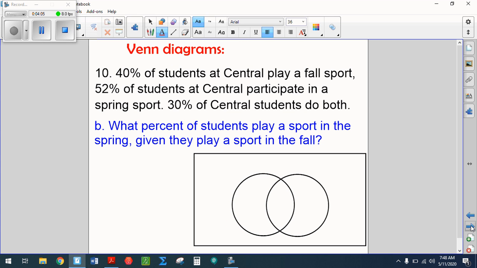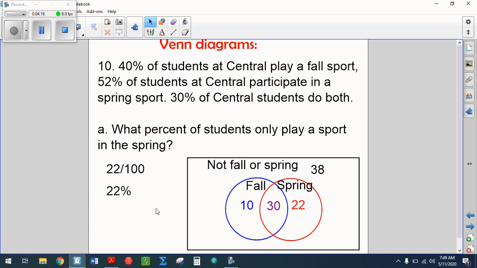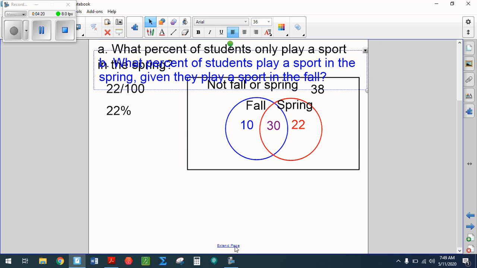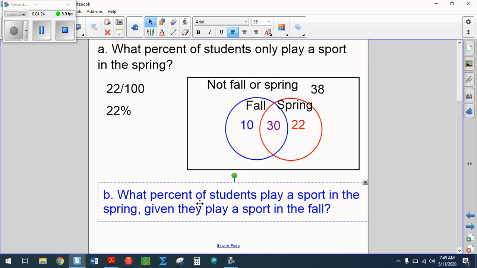Okay, same thing. What percent of students play a sport in the spring, given that they play one in the fall? I'm going to actually try to copy this on the other page. So what percent of students play a sport in the spring, given that they play a sport in the fall?